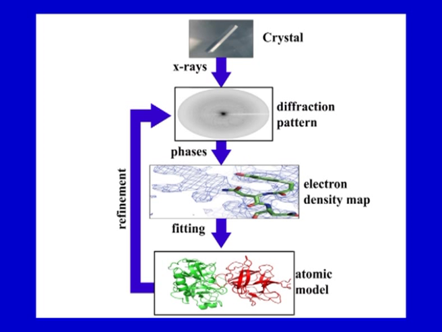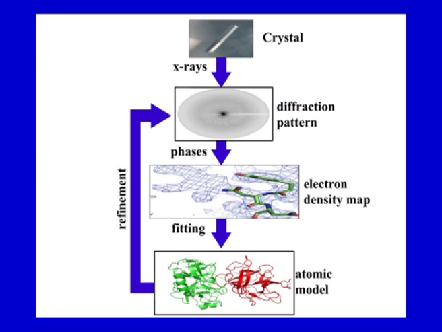So, the pattern is recorded in between, and this pattern is not focused, and image formation is not taking place. The image formation is done by going backwards through the Fourier transform method, and the Fourier transform finally makes an electron density map, which is called phase solution, and the problem is called the phase problem.